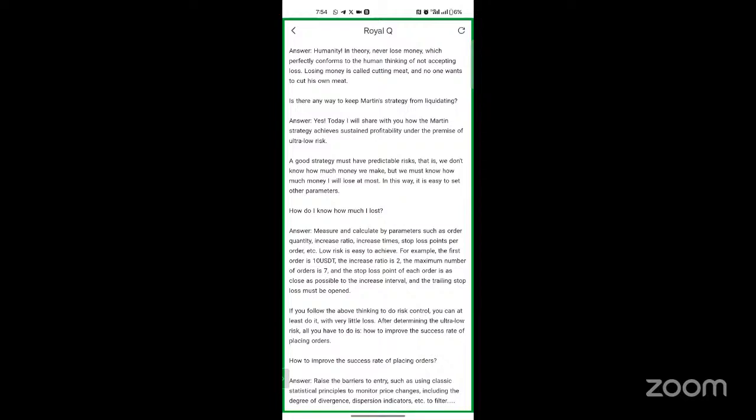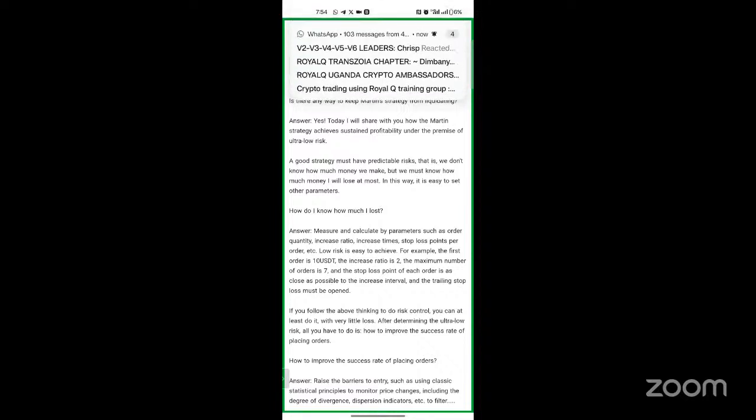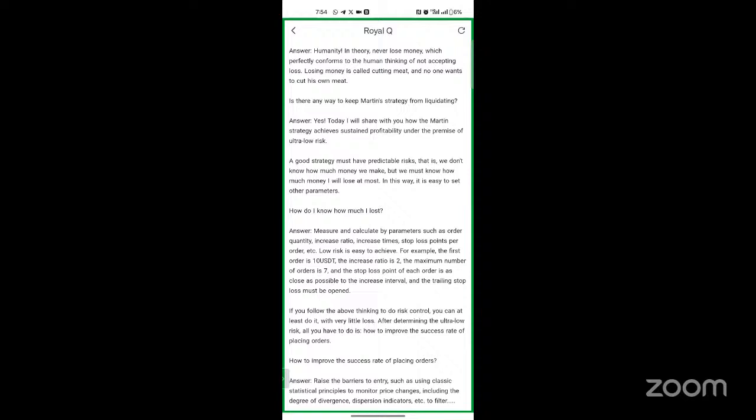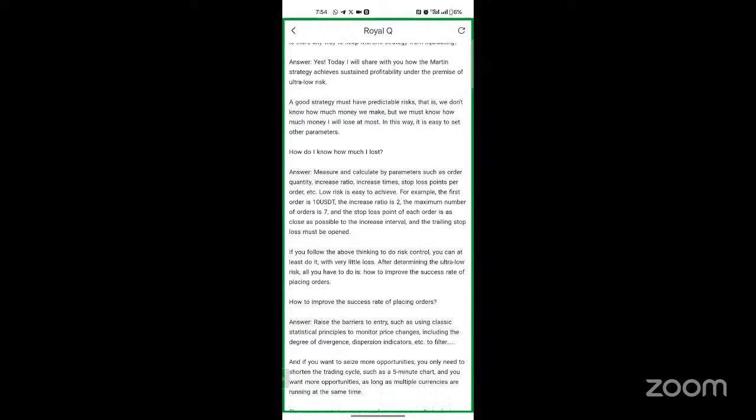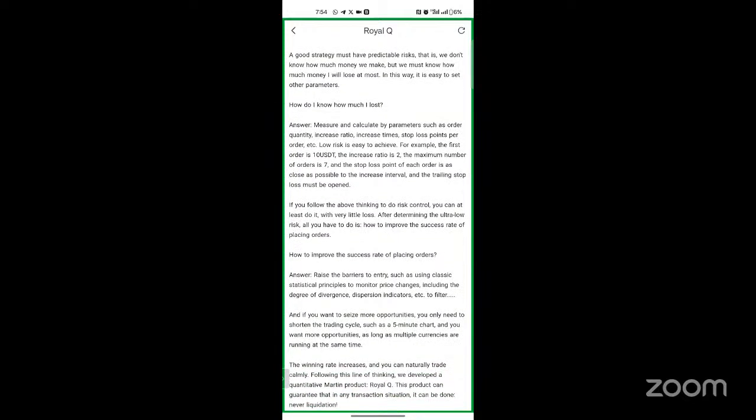That is, we do not know how much money we make, but we must know how much money I will lose at most. In this way, it is easy to set parameters. How do you know how much I lost? The answer: measure and calculate parameters such as order quantity, increase ratio, increase times, stop loss points per order, etc. Low risk is easy to achieve.